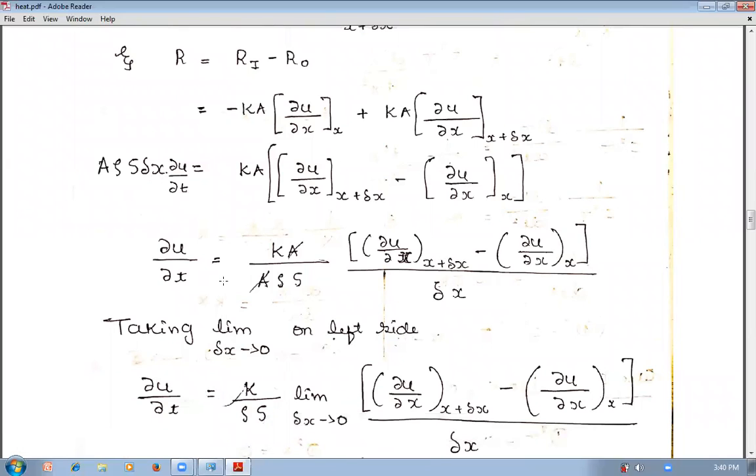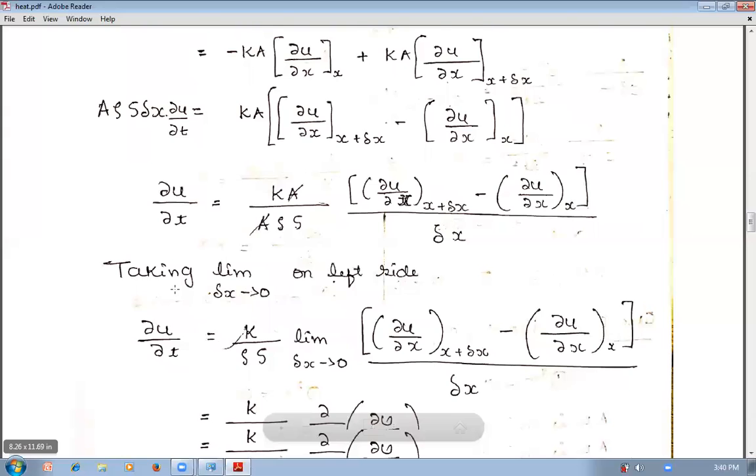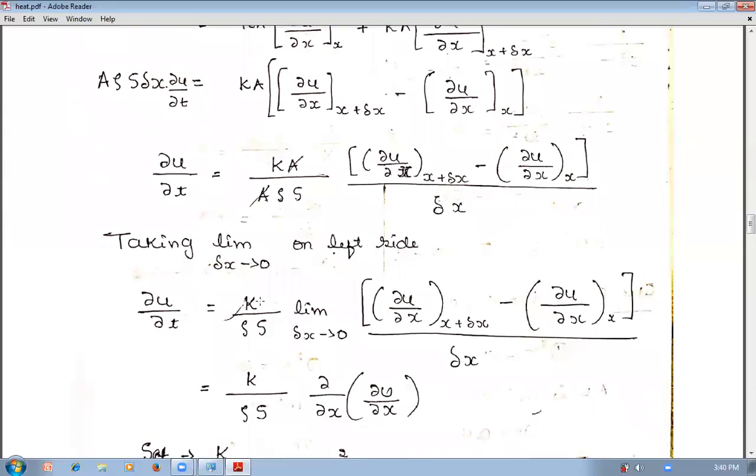Similar to the previous derivation, take the limit on both sides, delta x tends to 0. Here there is no x variable, so it doesn't affect it; no need to take the limit. Write ∂u/∂t as it is. Here K, rho and S are constants, take them outside. Then apply the limit. As I told you, this is the definition of partial differentiation.